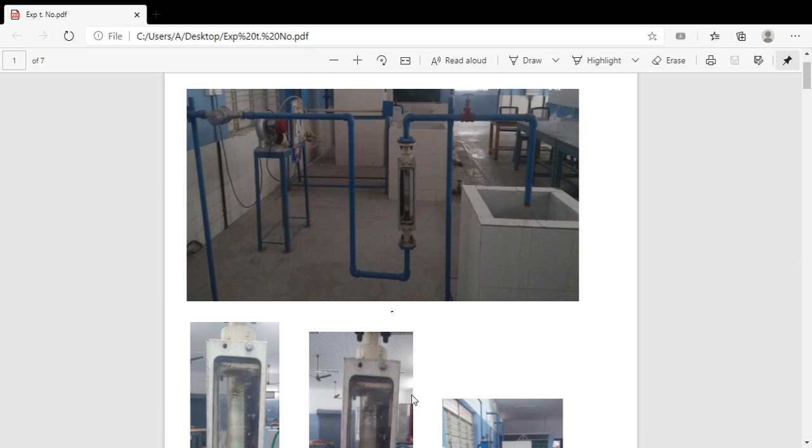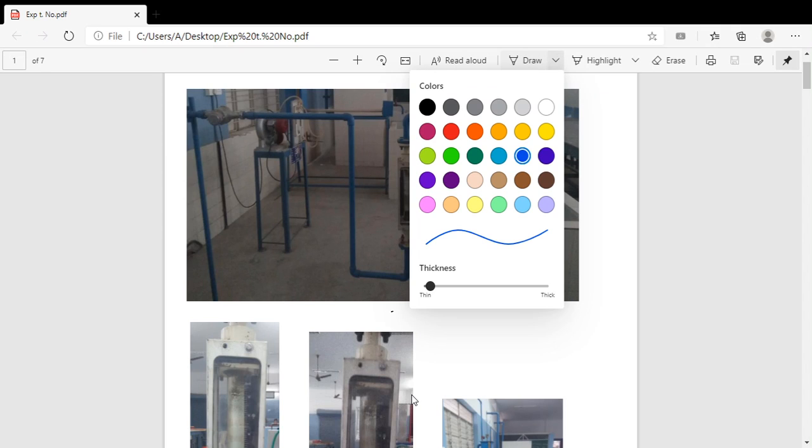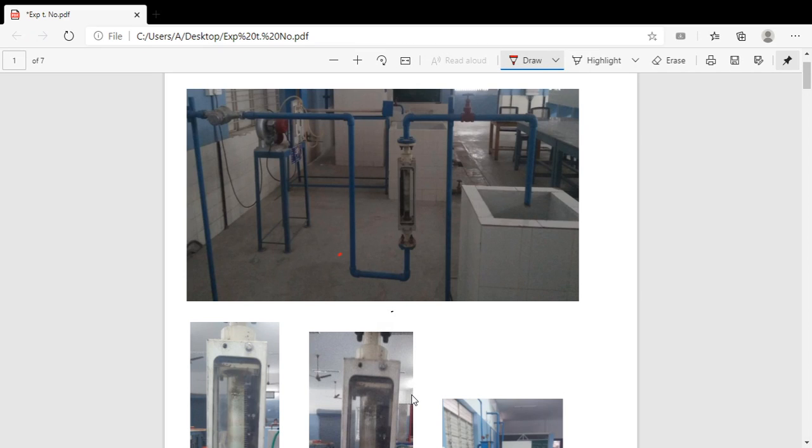So this is the experimental setup. Water will be coming through this pipe and then it will be entering the rotameter.